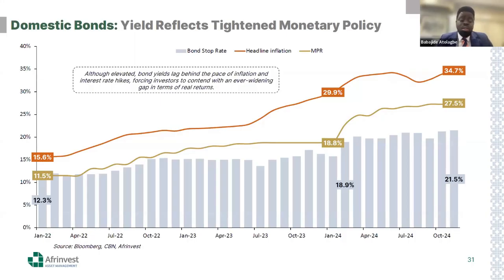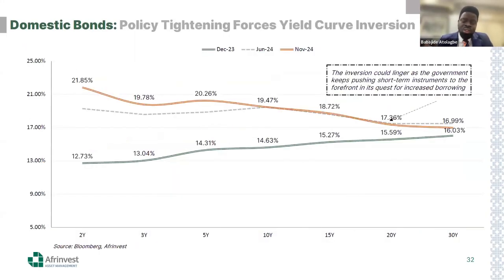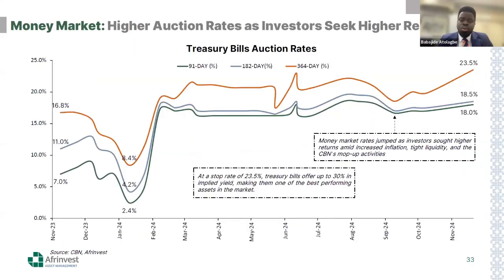In terms of the money market as well, treasury bills rates, from the demand pattern, we see that investors were just trying to play the catch-up game as inflation was deteriorating and as the central bank was increasing rates. We saw bids in the money market space also track higher.